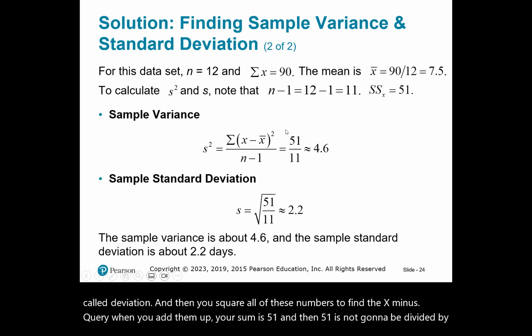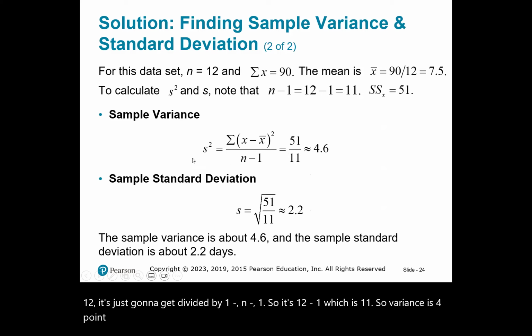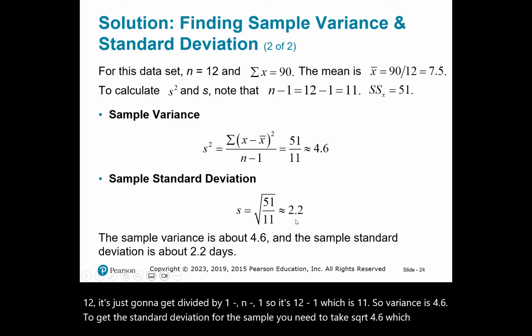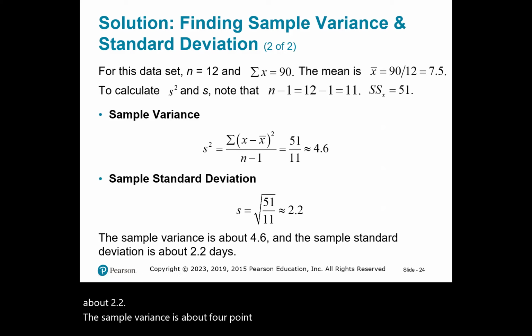It's going to be divided by n minus 1, so it's 12 minus 1, which is 11. So variance is 4.6. To get the standard deviation for this sample, you need to take the square root of 4.6, which is about 2.2. The sample variance is about 4.6, and the sample standard deviation is about 2.2.